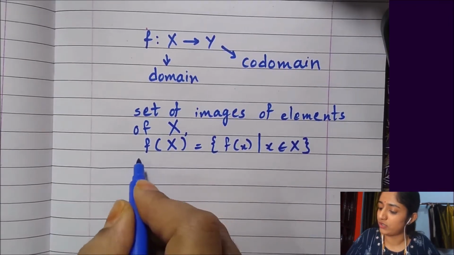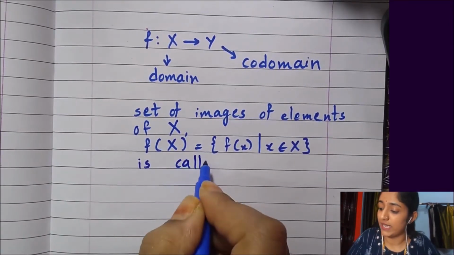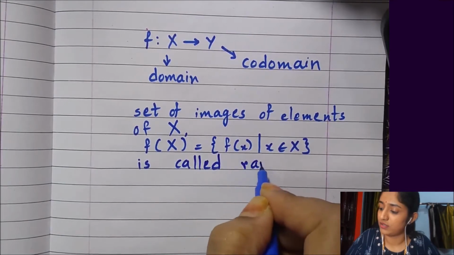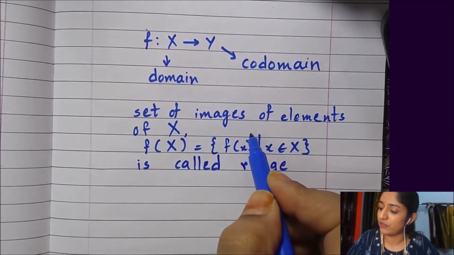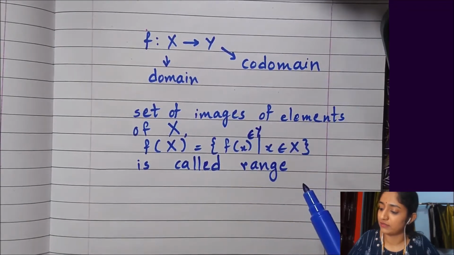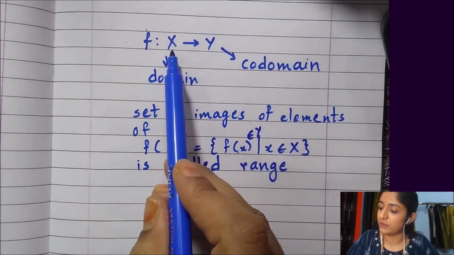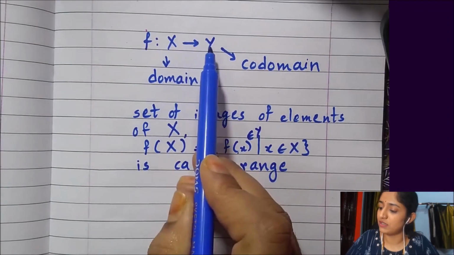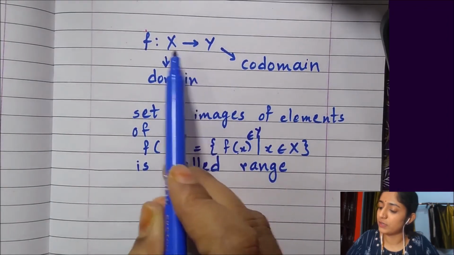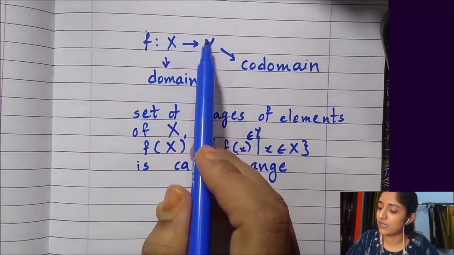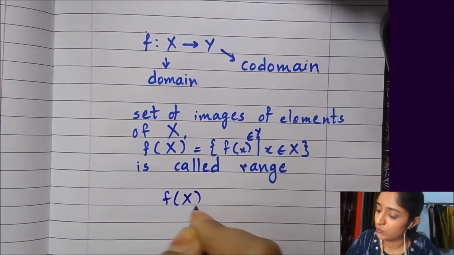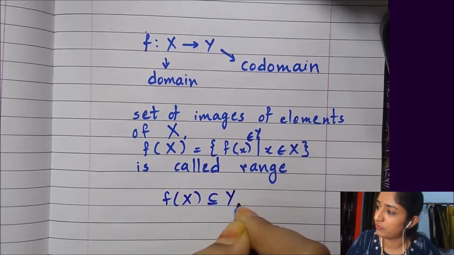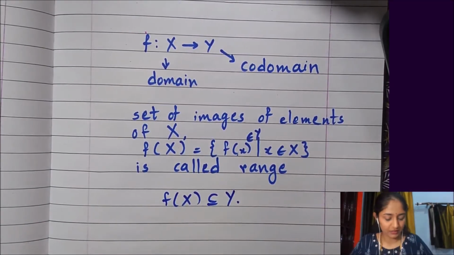This we call the range. Okay, and we know that f of x are coming from y, right? All the elements have images in y. So the set of images of elements in X is entirely inside this set. So obviously f of X will be a subset of y. I hope you can see that.